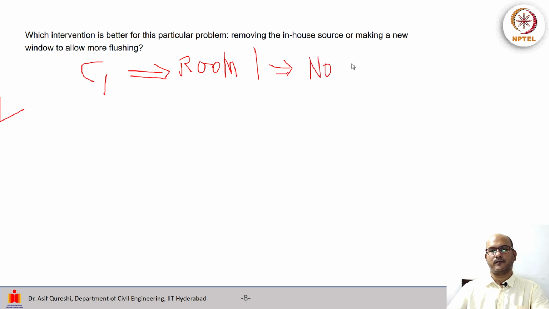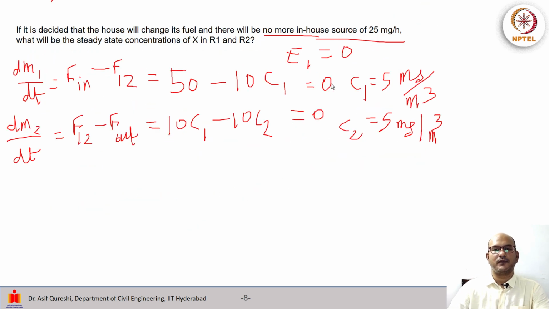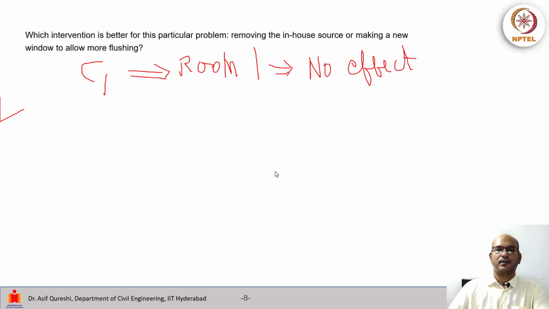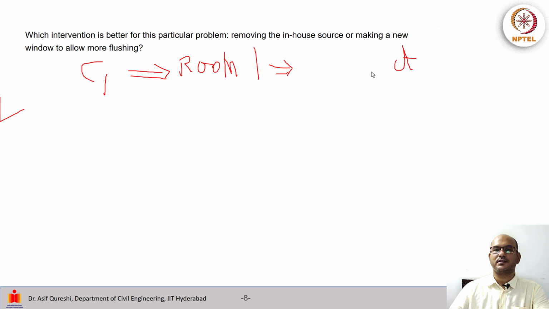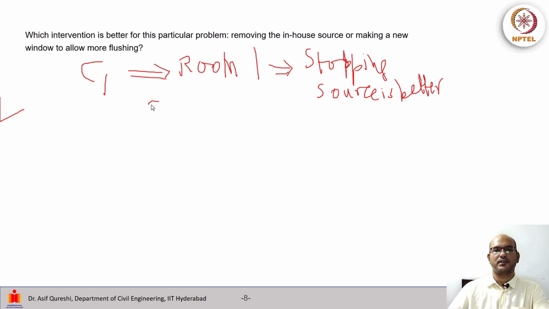No effect, because for C1 we have actually no effect compared to the original situation, but if you decrease the emissions, then stopping the source is better, because the concentration was 5, which is less than 7.5.